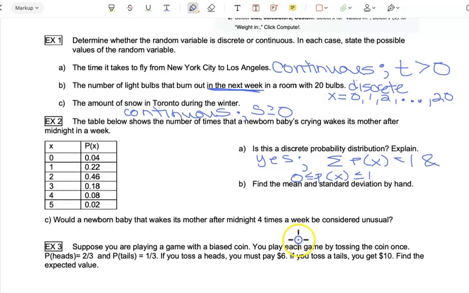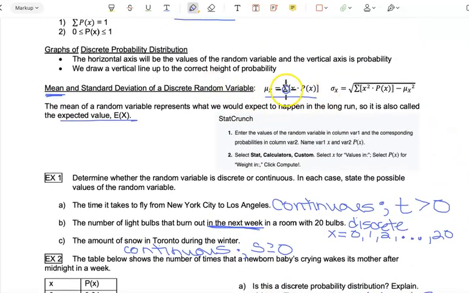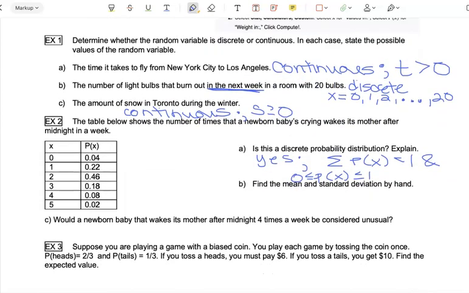So the mean is not terrible. You are just, as the formula tells you, going to do the sum of all x times p of x. So I'm going to write that out to the side over here.